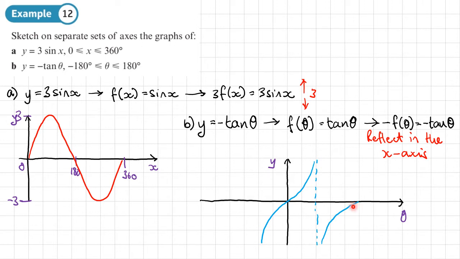So I've gone up to 180 that way. I need to go to negative 180 the other way. So let's put my asymptote in here, and then the last bit of the original graph is going to be like that. Okay, so reflecting it in the x-axis, when you reflect an asymptote in an axis, it actually doesn't move.